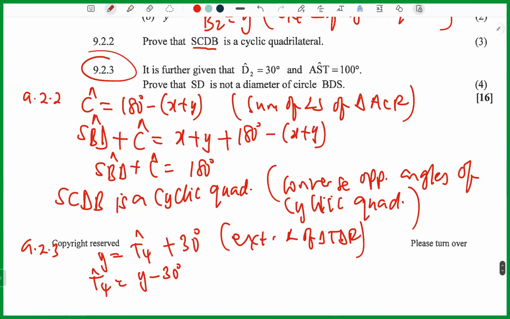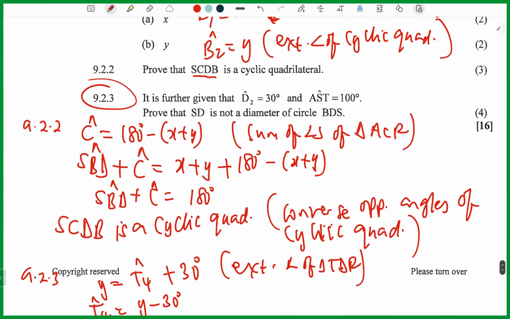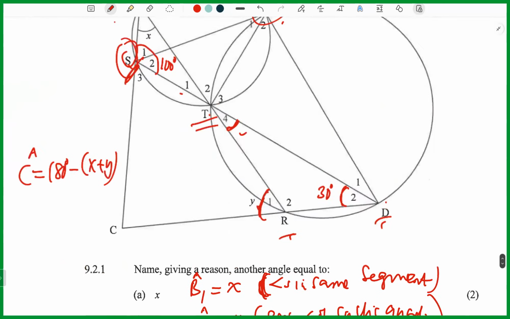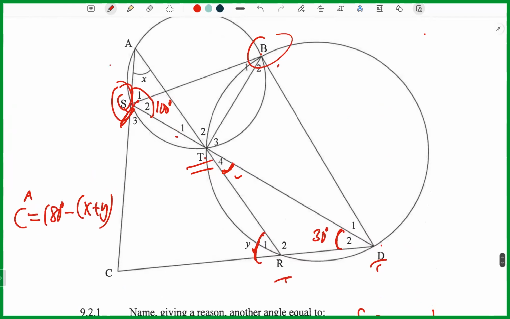Next thing we need to do is to look at, so we have a statement about T4, but also we have to look at the 100 degrees they've given us. But first, the angle T1 is as follows.